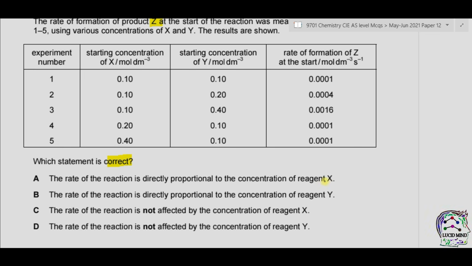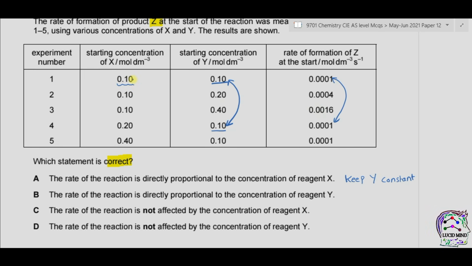In order to find the effect of the concentration of reagent X on the rate of this reaction, we have to keep the concentration of Y constant. Now we can study the effect of X. In Y we can see that we have 0.1, again 0.1, so these are the constant values, so we can take these two values and these two rates of reaction. Let's see whether this rate depends on the concentration of X or not.